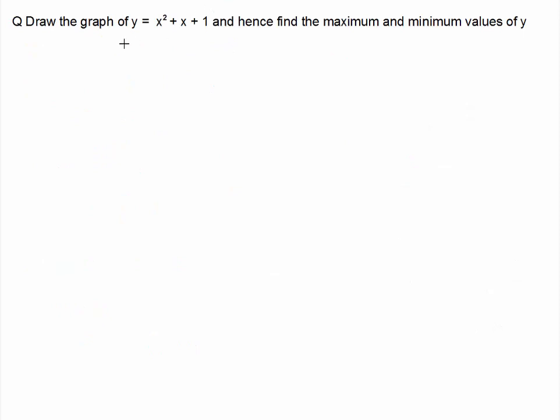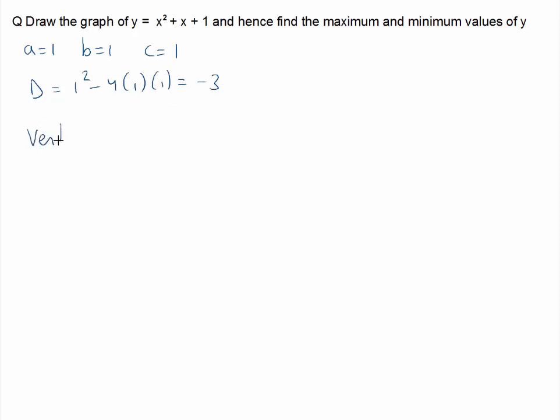Next question is draw the graph of x square plus x plus 1. In this case a equals 1, b equals 1 and c also equals 1. Discriminant equals b square minus 4ac, so that equals minus 3.